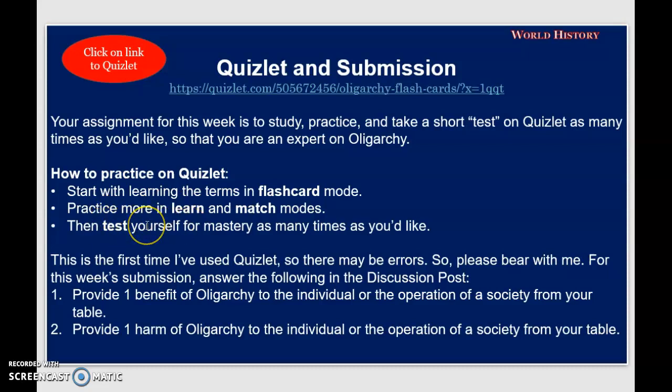I know there's a little spelling in the testing. If you want to write down some of the terms so you know how to spell them, or if you got an 86 because you misspelled something, just tell me you got 100. You just accidentally misspelled it, but you got the term correct.